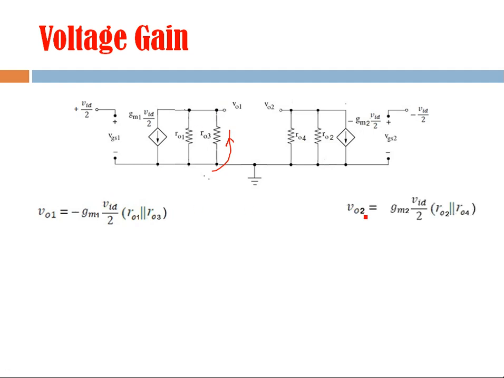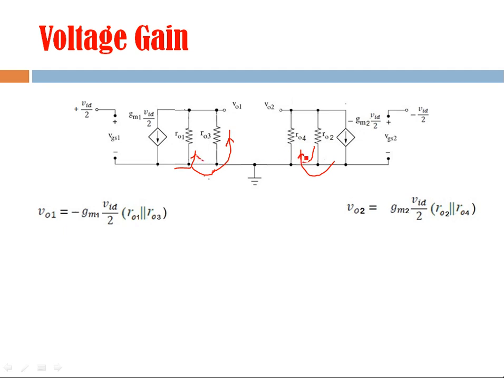Same way we can find out the voltage at this node, that is here you see this is minus VID by 2, and because of this, the current here is this, and this current will flow like this. And this current, remember, is divided into two parts, right? So here also this current was dividing into two parts, it was going up like this.